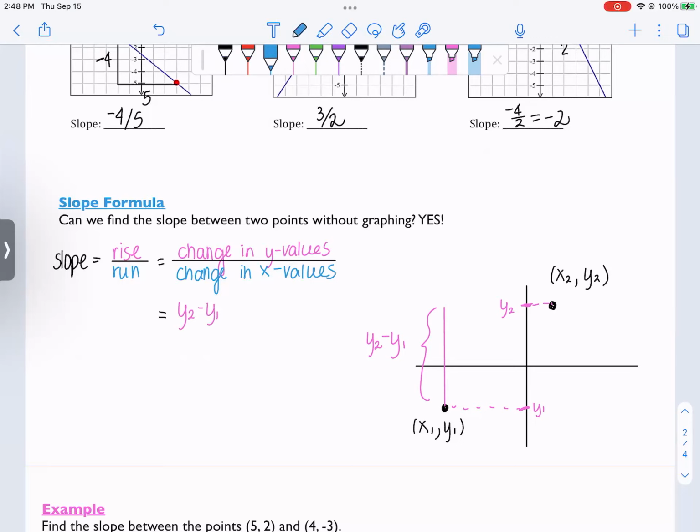To find the change in x values, right here, this is x1. Over here, this is x2. The distance between x1 and x2 would be x2 minus x1. The bigger number minus that smaller number there.